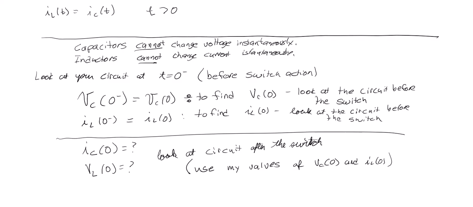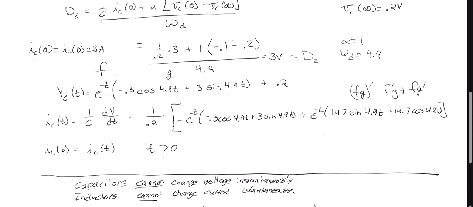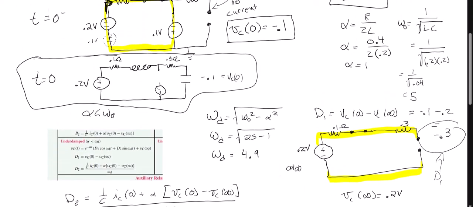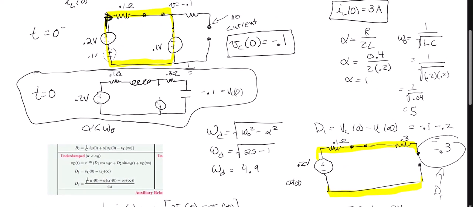If I hadn't found what IL of 0 was, and then I come back and want to find out what IC of 0 is, if I didn't know it was already determined, I might mess up.